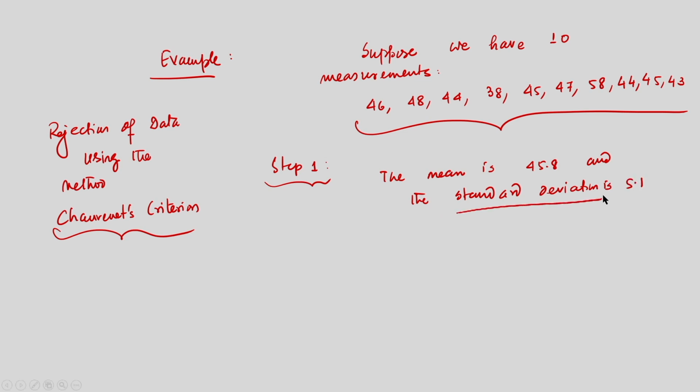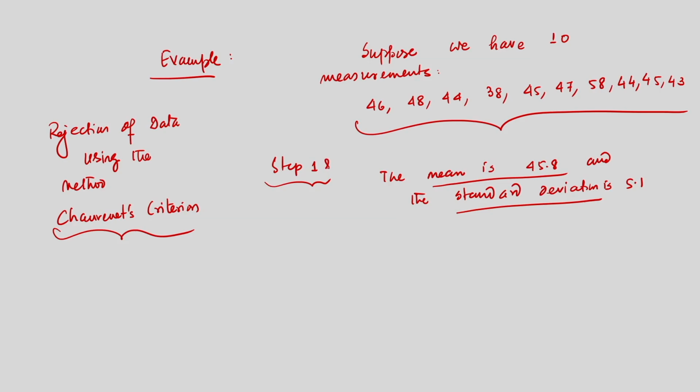So we have 10 data points, and the mean and standard deviation are calculated. That is step 1 and step 2.